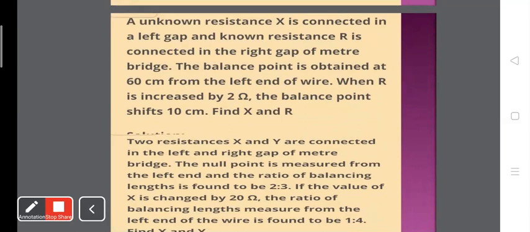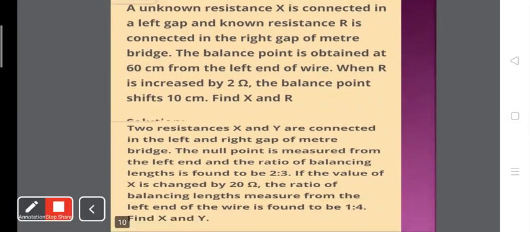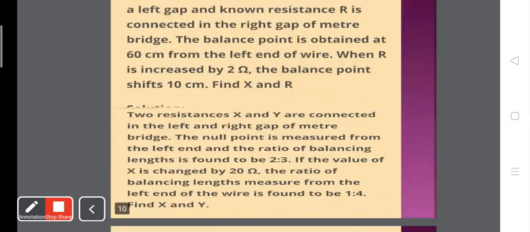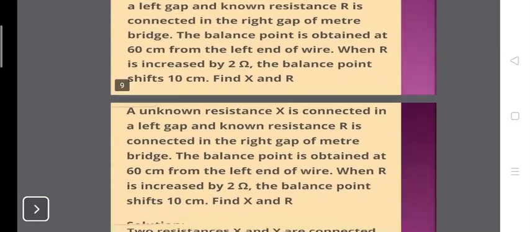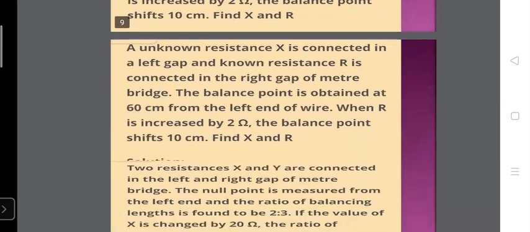In this slide, you have been given two questions. I think these two questions are the same.